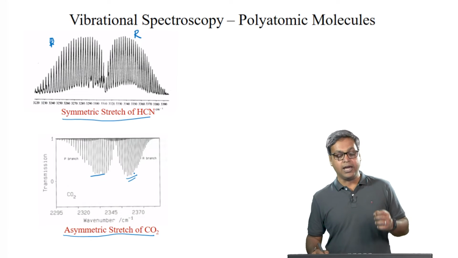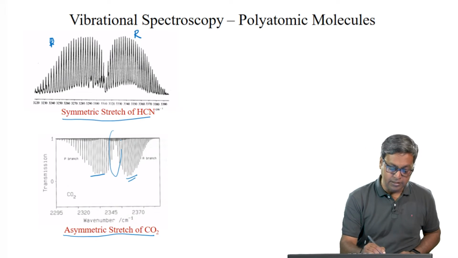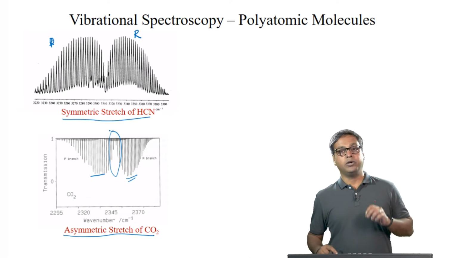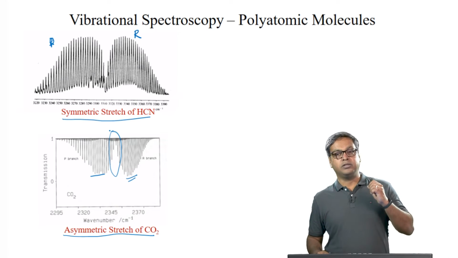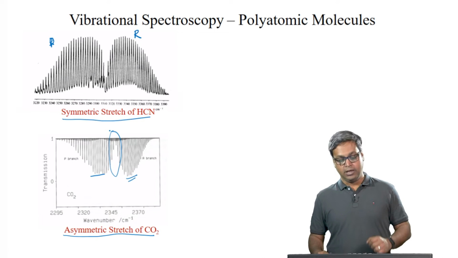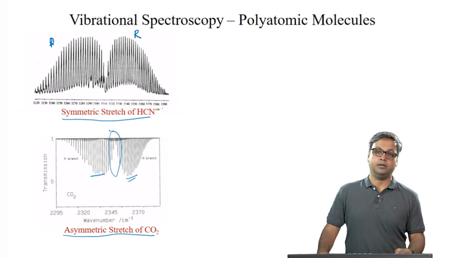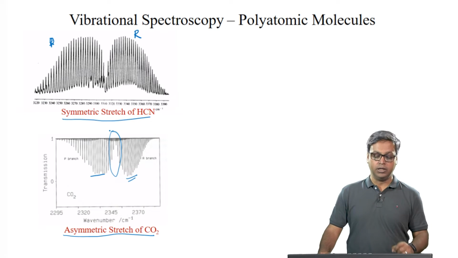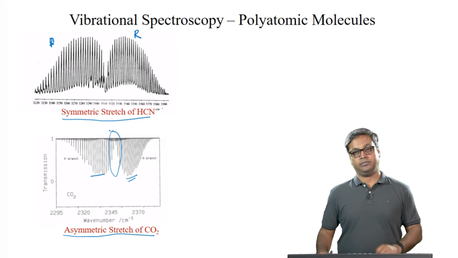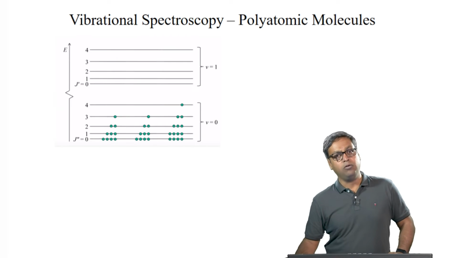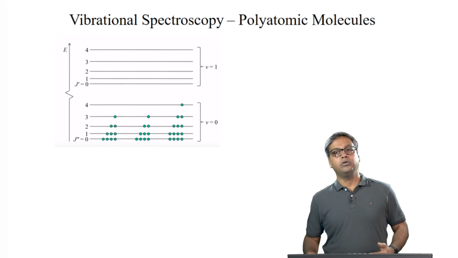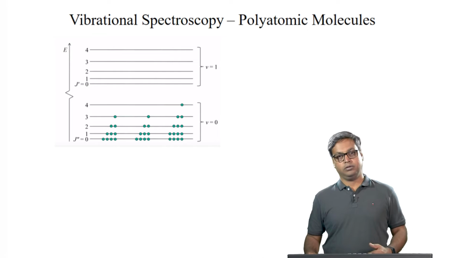We are missing a line in the center here because that would be a transition for delta J equals 0. Again, we have a PR band profile here. So, this has to be a parallel vibration. So, now let us look into the perpendicular mode.